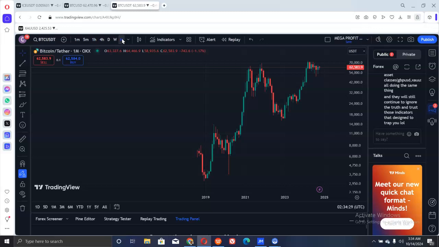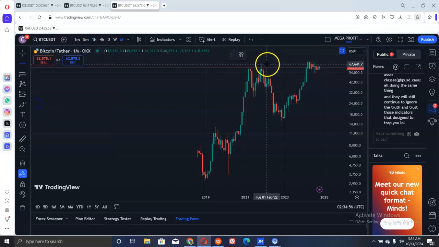But in the shorter time frames, you have a lot of noise, so you may not see anything. That is why it is better to do your top-down analysis, that is, you do your analysis from the higher time frame to a lower time frame. So let's do our marking now.